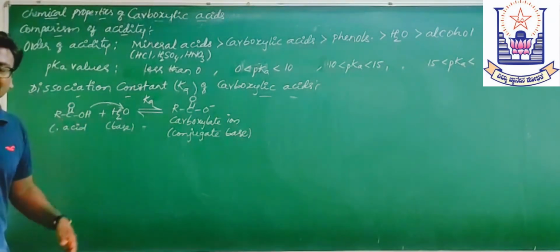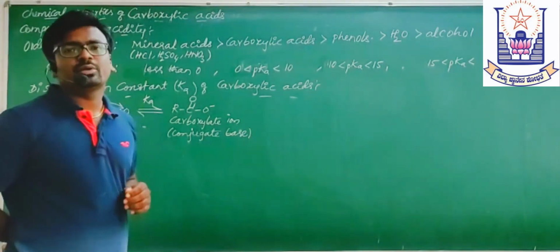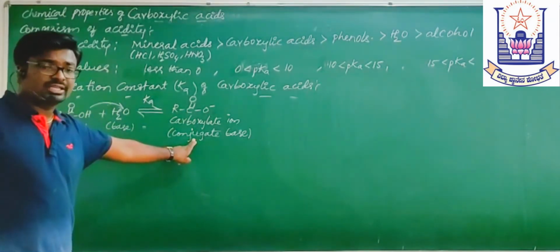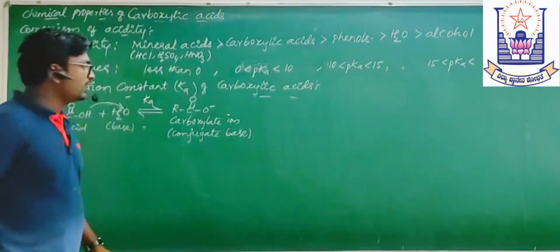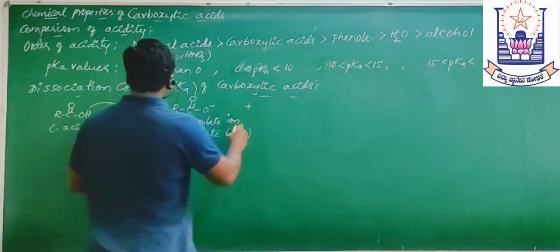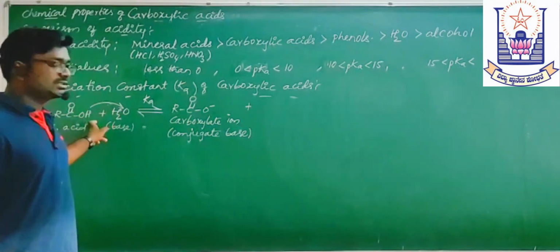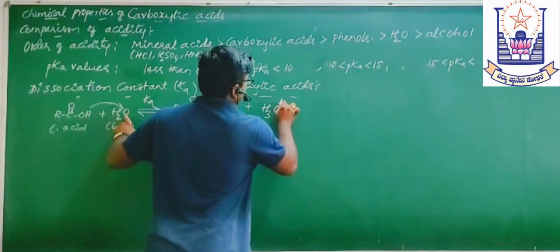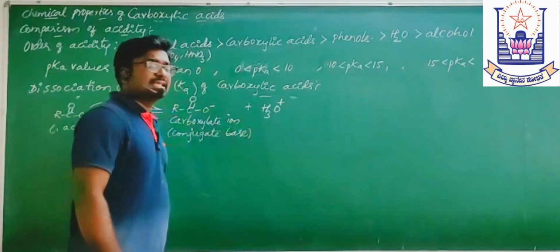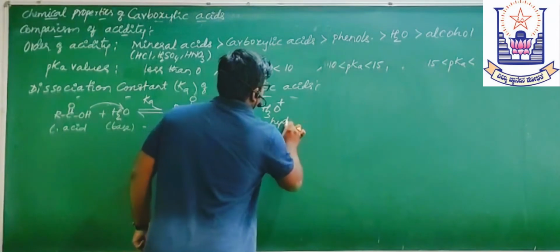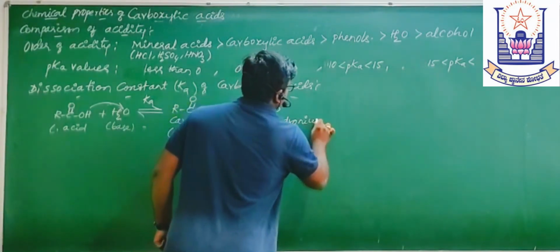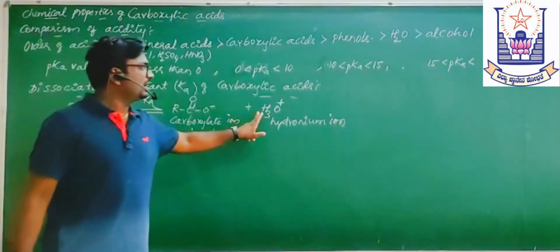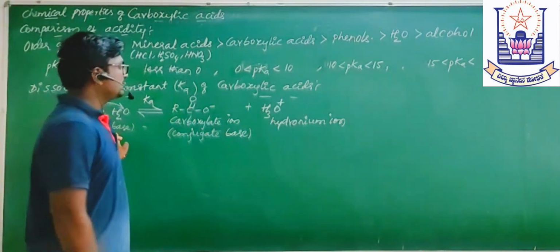What are conjugate acids and bases? These differ by a proton. Here the proton is there, here the proton is not there. That is why it is called a conjugate acid-base pair. After taking the hydrogen from the carboxylic acid, water becomes H3O plus, which we call the hydronium ion, and this is the conjugate acid of this base.